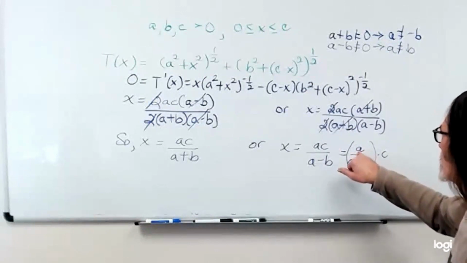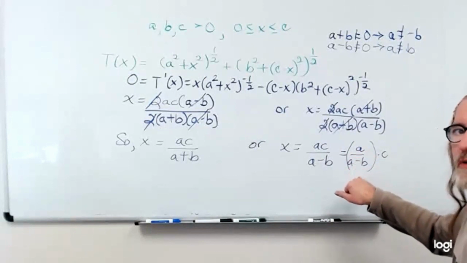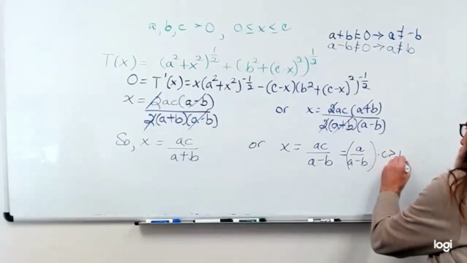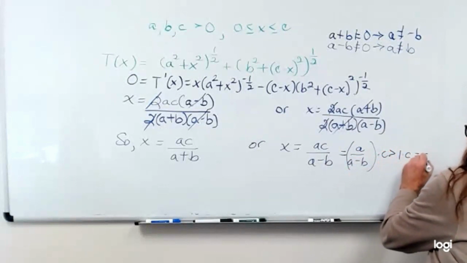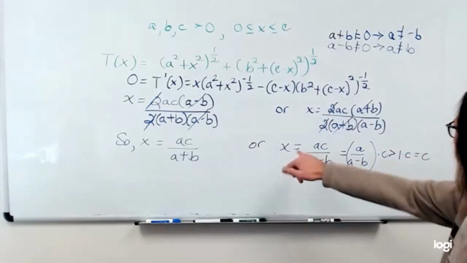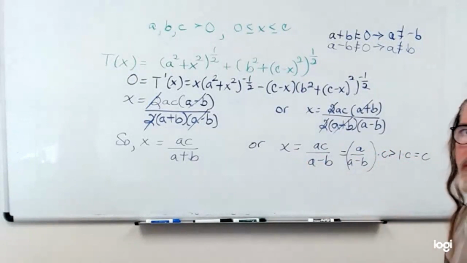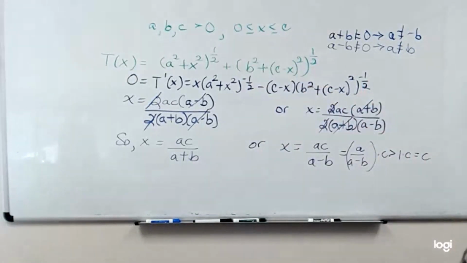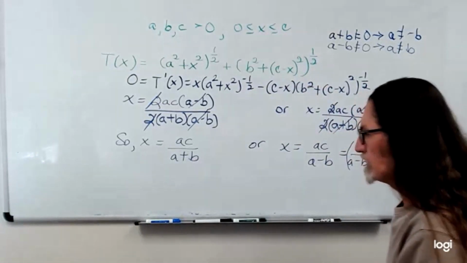Dividing something by something smaller than itself will give us something greater than 1. That would give us that x would be strictly greater than c, putting it outside of that interval. That is not possible. So we reject this.